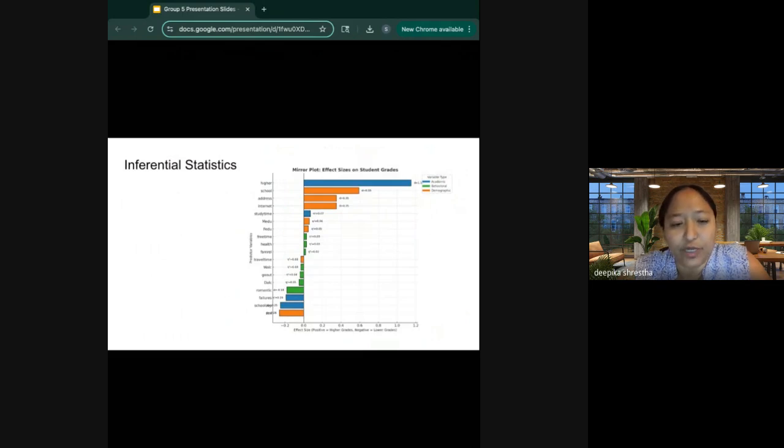One surprising insight was that students receiving extra educational school support scored slightly lower, which doesn't mean the extra support is ineffective, but this support may simply need to be better refined and tailored according to the student's individual needs. And some social factors like drinking and romantic relationships were linked to lower grades.